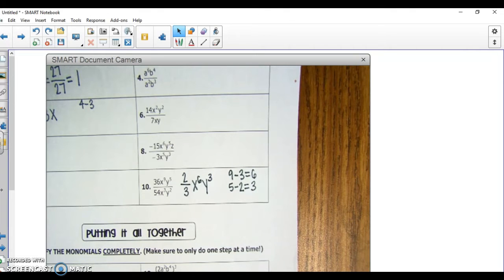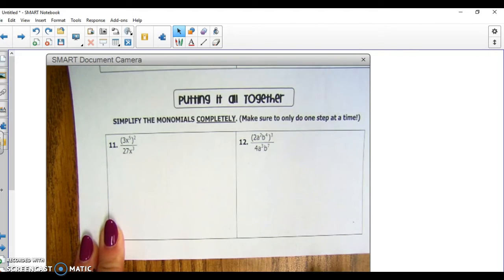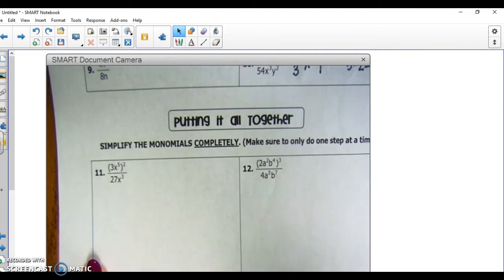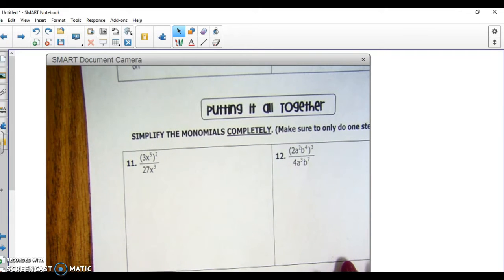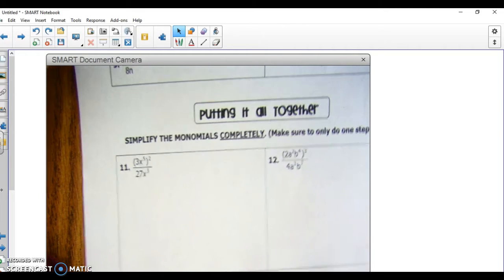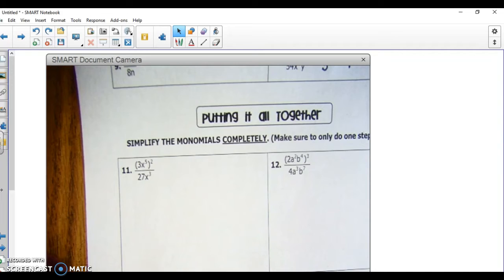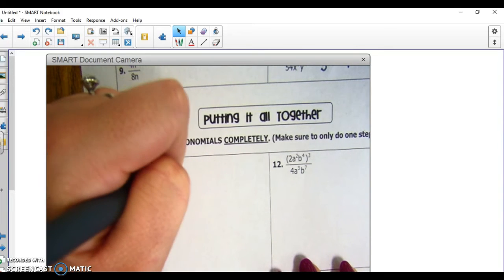So what if I had something like number 11, where I'm going to need to use more than one rule? So on number 11, I have 3x to the 5th power, and all of that's going to be squared. Then I have 20, and that's all divided by 27x cubed. So first thing I need to do, I need to use my power rule up top.